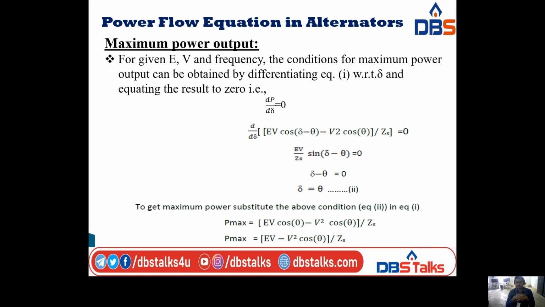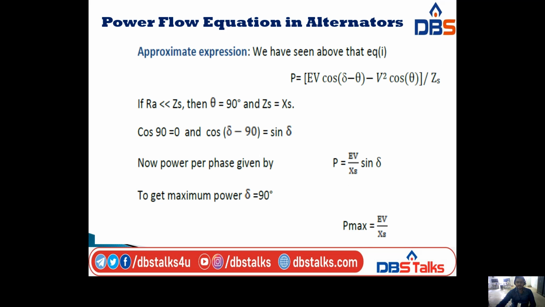And from this we write P maximum is equal to, cos 0 means 1, so EV minus V square cos theta by Zs.